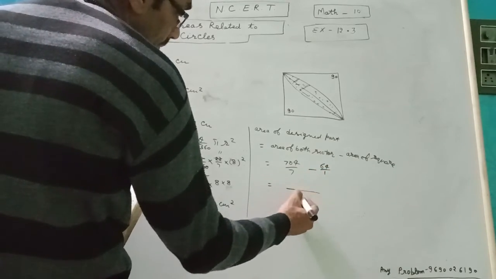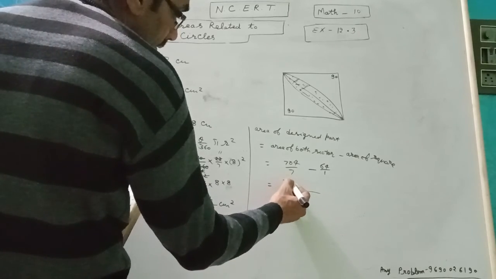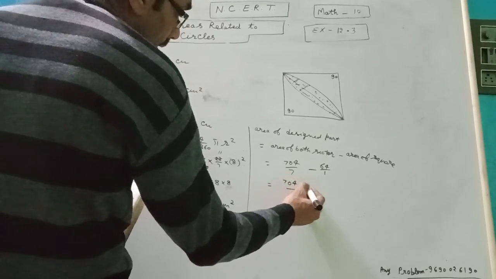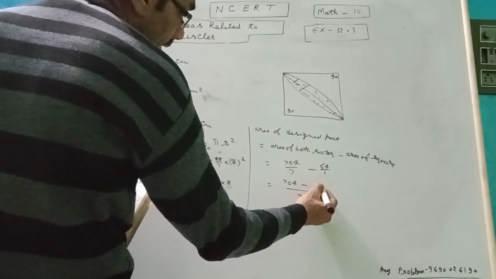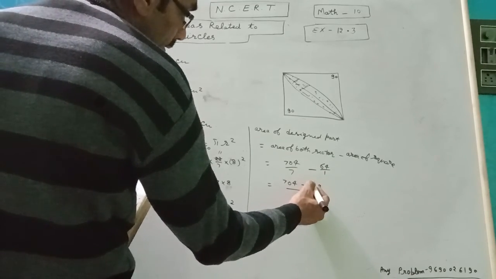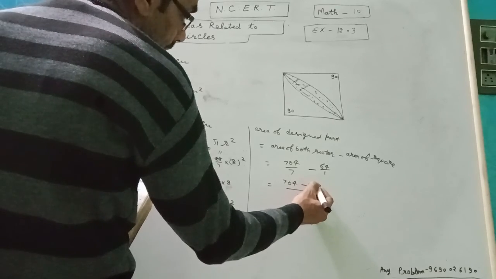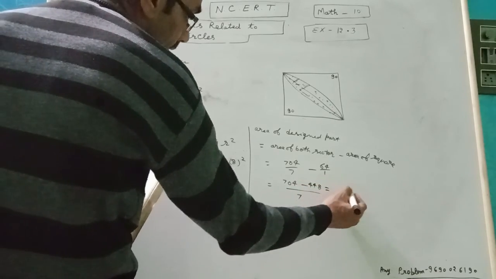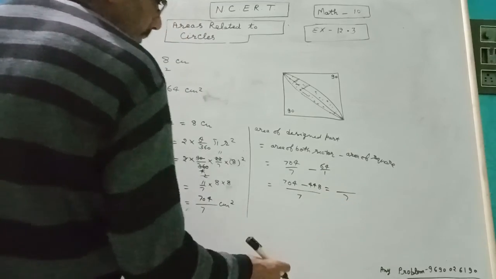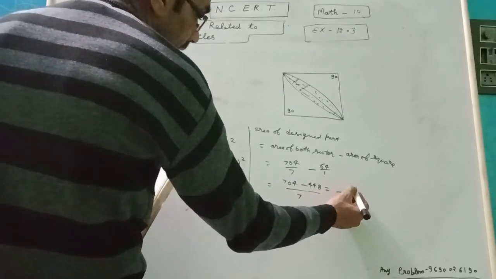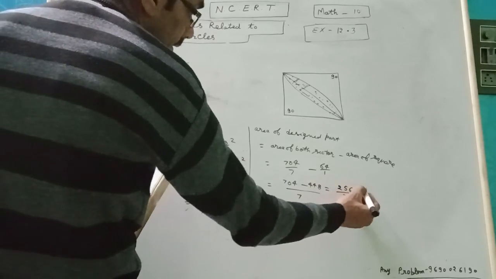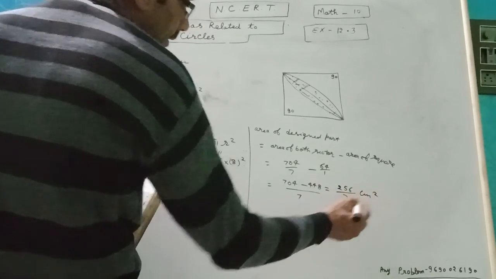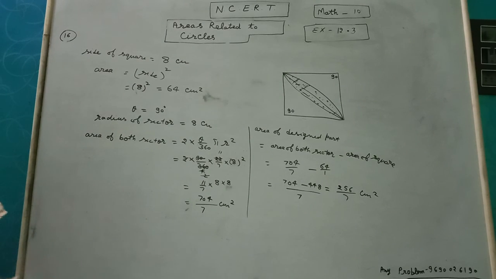After LCM, 704 minus 7 into 64, which is 448. After subtracting, 256 upon 7 cm square is the area of the design part. Thank you.